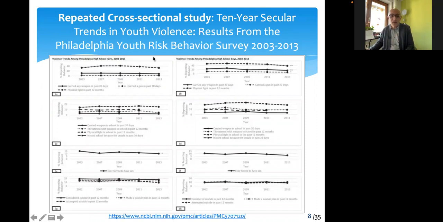This study is conducted among school youth, school children, and you see it is repeated almost every 2 years, 2007, 2009, 2011, etc. And they look for the risky behaviors such as carrying a knife or a gun or engaging in fights, bullying, drinking alcohol, etc.